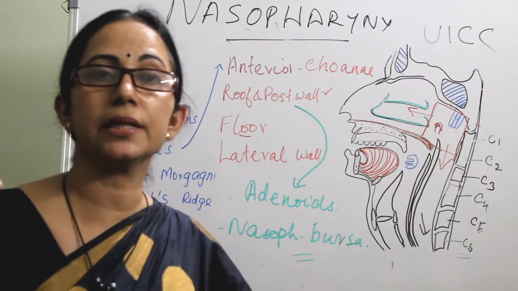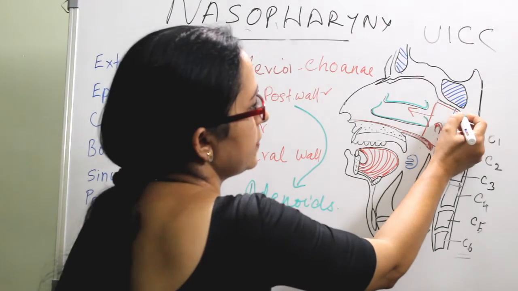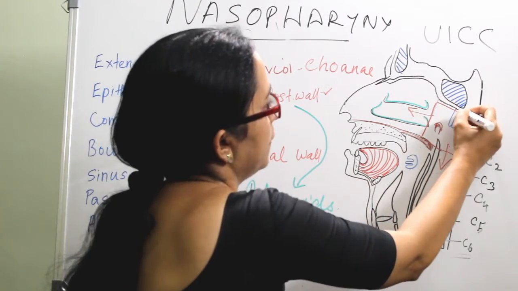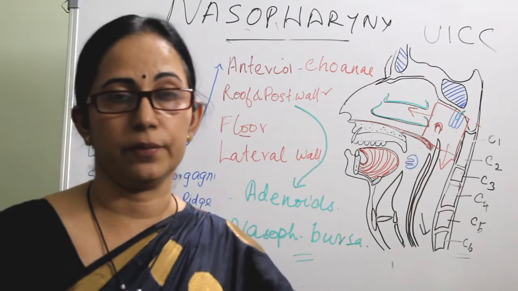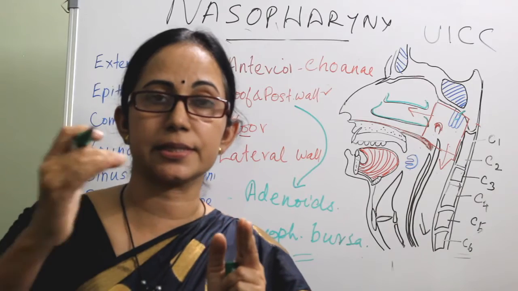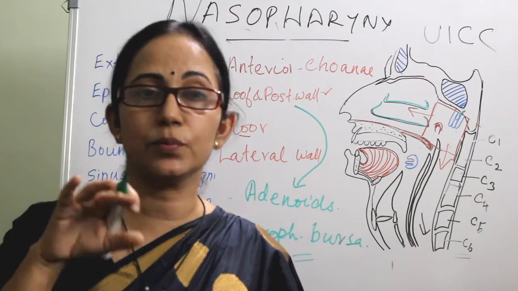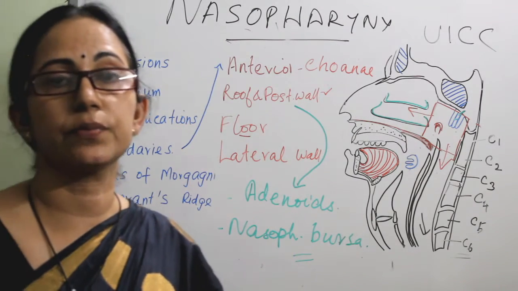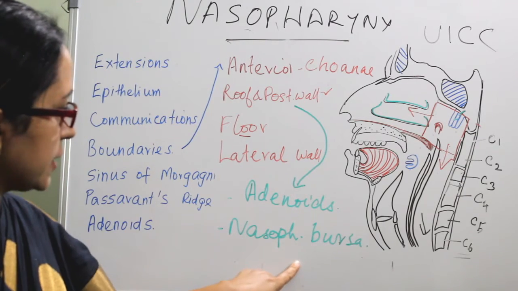It is seen as an epithelium-lined recess within the adenoid mass, and it extends from the pharyngeal mucosa up to the periosteum of the basi-occiput. That is the nasopharyngeal bursa.